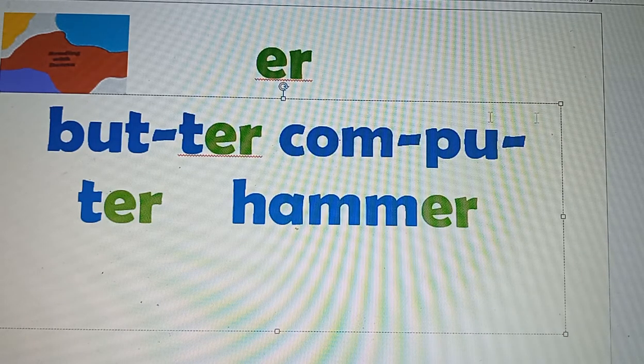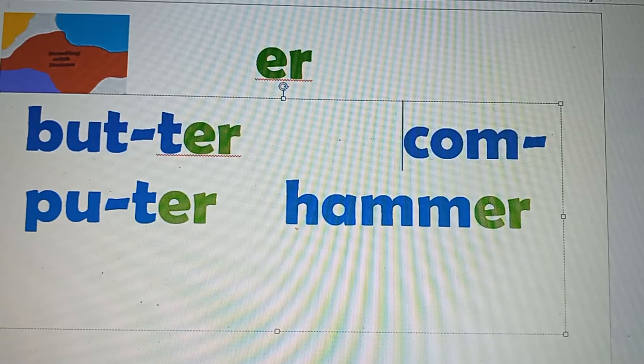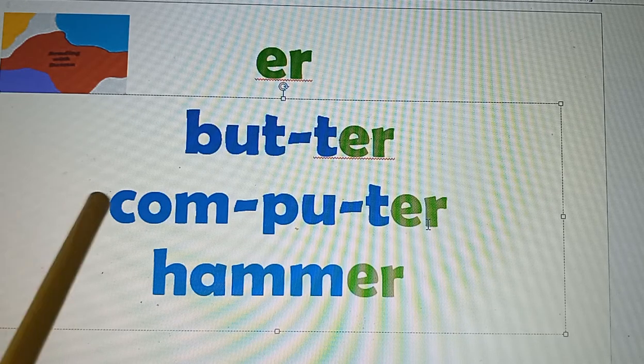Let us put this word together so that it is not looking distorted. All right, so there we have come, pewter. Let's look at it.